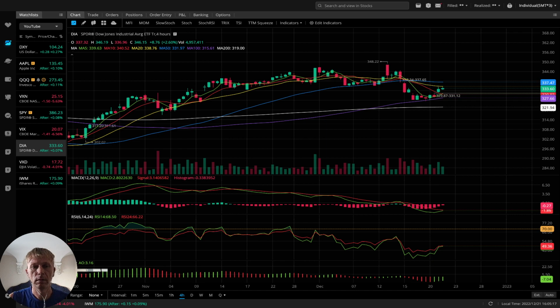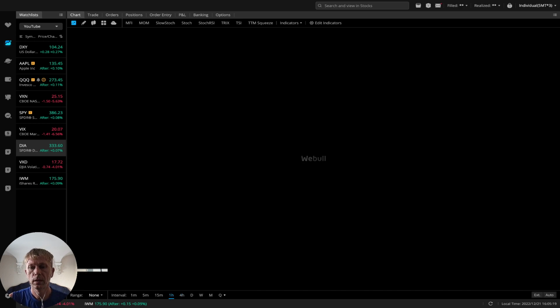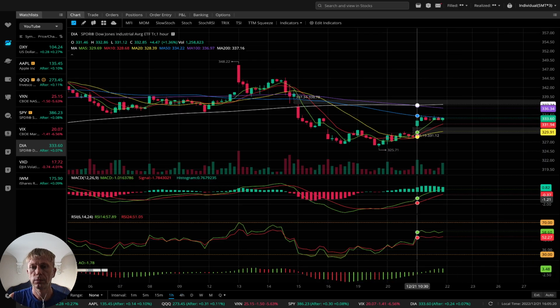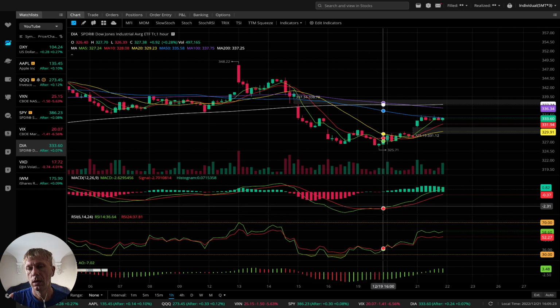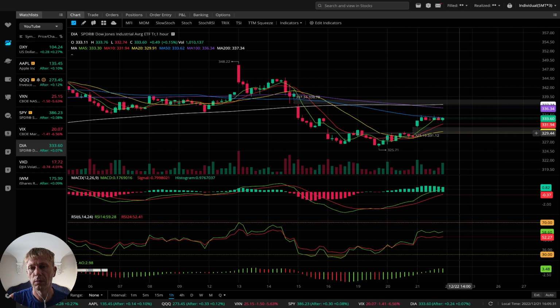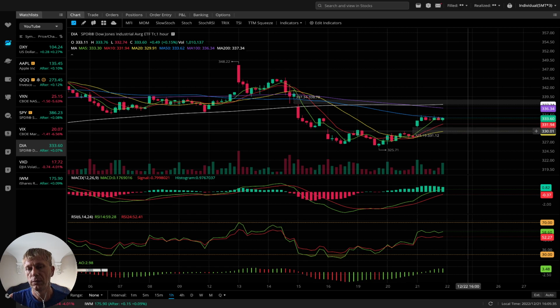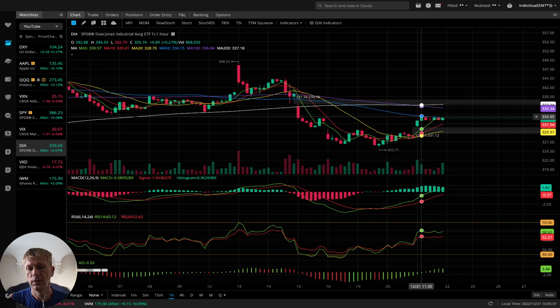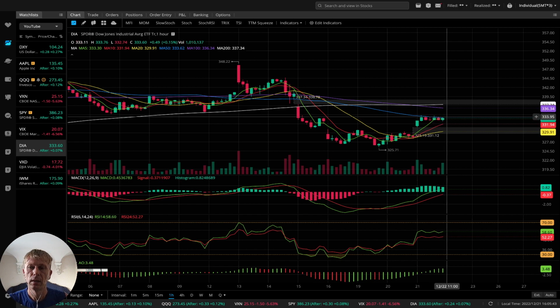Let's move to 1 hour. 1 hour is already bullish, with a huge gap. It left a gap, a couple of dollars, a $2 gap below. What I think: it touched MA50 and stayed at MA50 all day, and didn't break or cross over MA50.